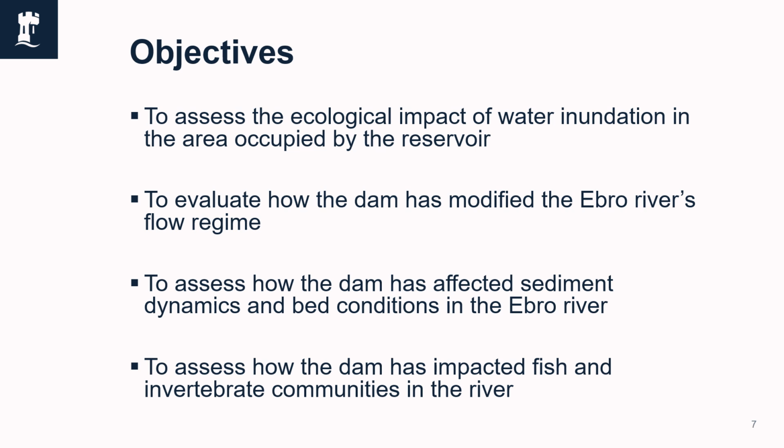The first looking at its flow regime, the second looking at its sediment dynamics, the third looking at impacts on fish and invertebrates. And so, to reiterate my point, once we've completed all 4 of these objectives, then we've achieved the overall aim, because together these allow us to assess the overall environmental impacts of Mequinenza Dam.